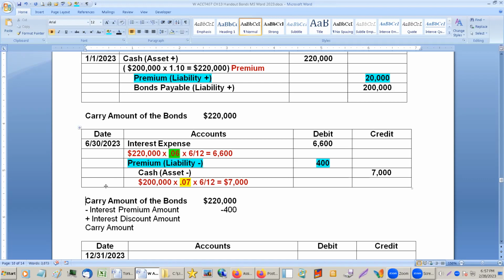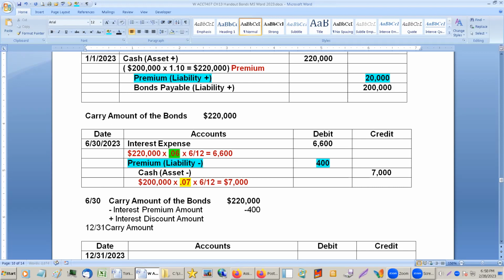I should probably put dates here. Will be 220,000 minus 400.